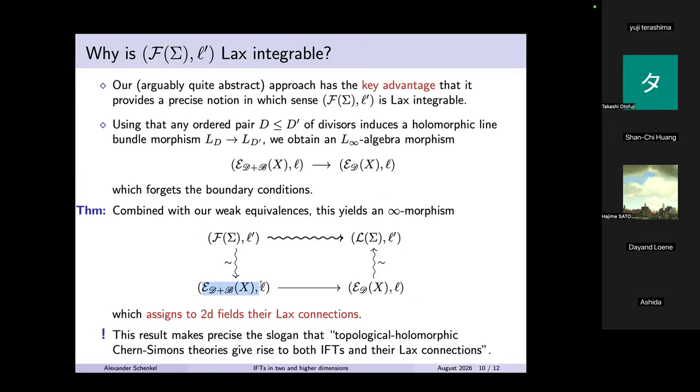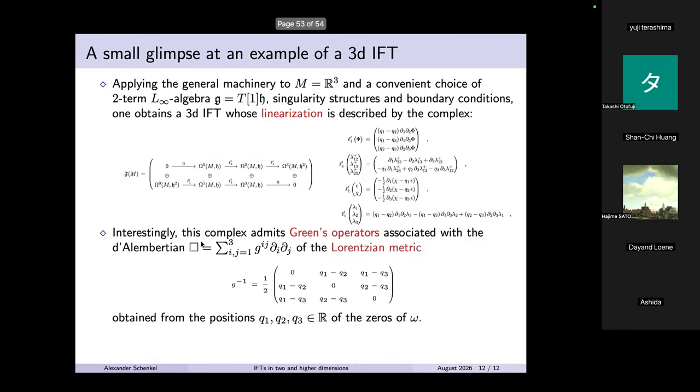There's one thing which prevents you from running the usual factorization algebra machinery, namely that these complexes here are not necessarily elliptic complexes. In the three-dimensional example, this is a hyperbolic complex. It's not an elliptic one because it admits Green's operators corresponding to a wave operator, to a hyperbolic partial differential operator. So you cannot use elliptic regularity and the usual renormalization machinery to run quantizations for that.